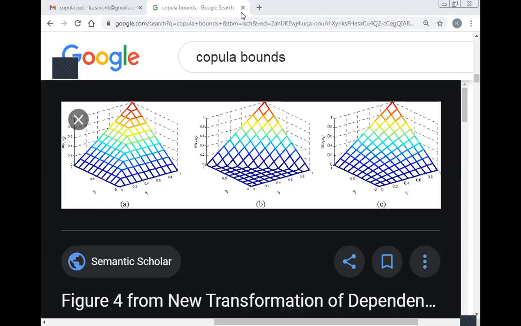So you see this is again stuck to the ground, and as you increase your value of u and v, it will take some height which will be measured here. And let us see what happens if we have 1 here and 1 here. You will go there, and if you check its height, it's again going to be 1, because the minimum of 1 comma 1 is just going to be 1. So I guess that was it about these copulas.